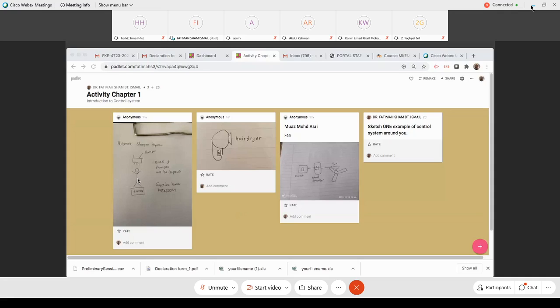Okay, so keep on with this diagram. So whatever you think is your control system here, during our class, you can get the idea how to draw the block diagram for your system.